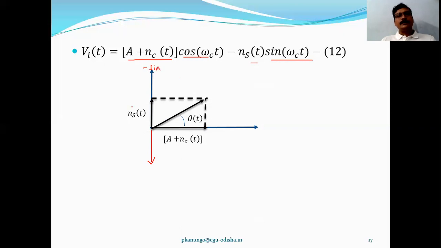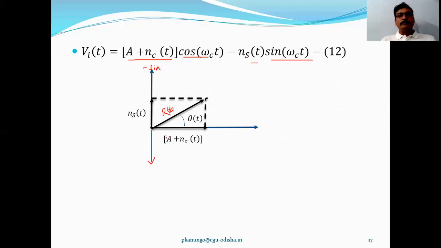That's why I can write NST here. Now, the resultant vector, look at here. This is the resultant, which I can say is r of t. So this r of t, the resultant, is equal to the square root of A plus NCT square plus NST square.